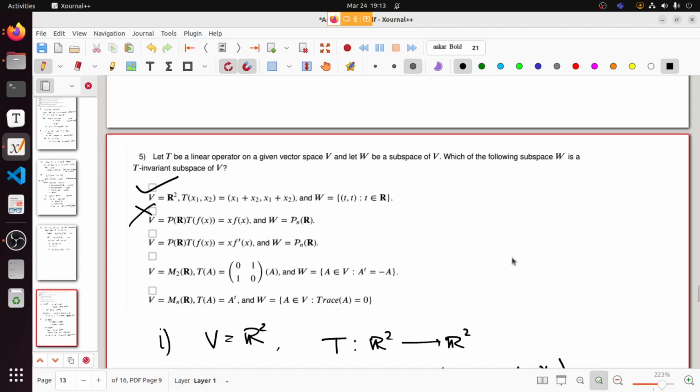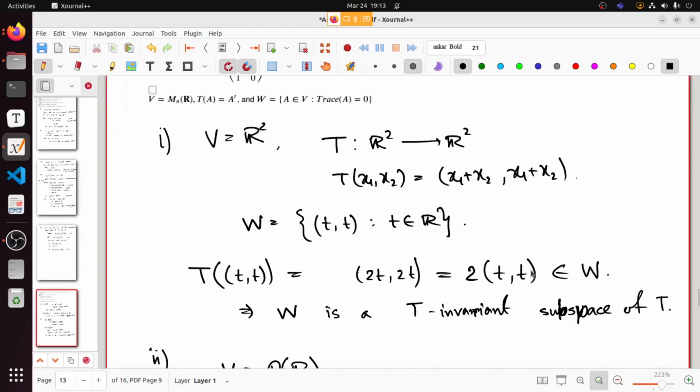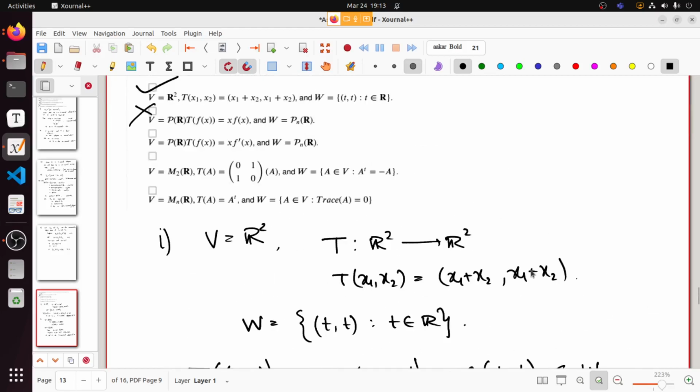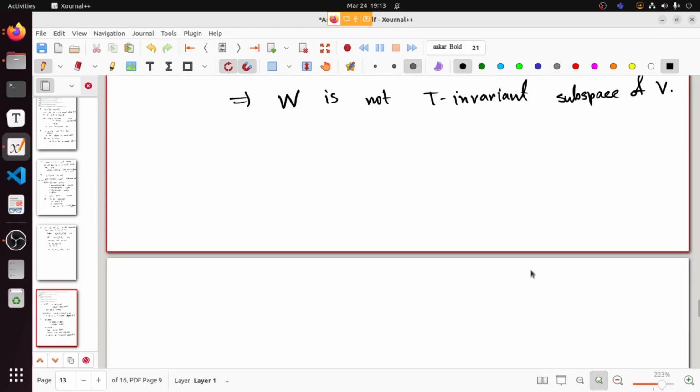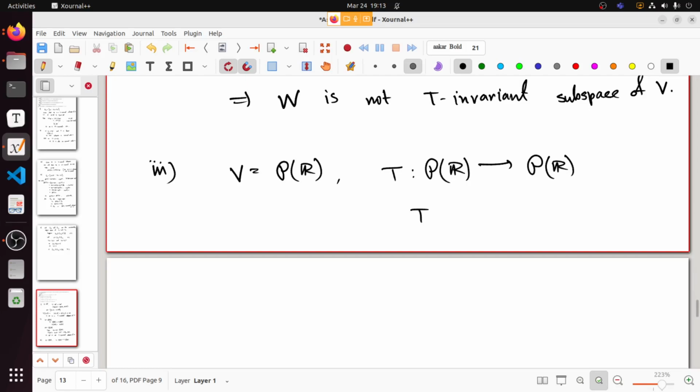Option number 3, it's again the same space. V is the set of all polynomials, and this time the operator is x times f dash x, and here the space is Pn. So let's check. V is P of R, and T is from P of R to P of R. T of f(x) is x times f dash x.